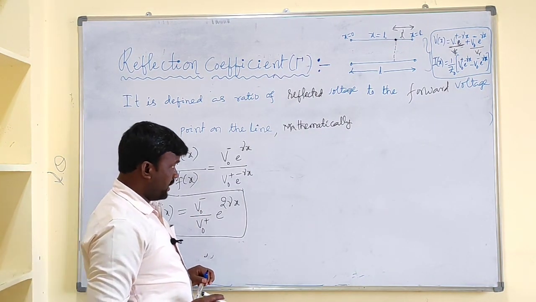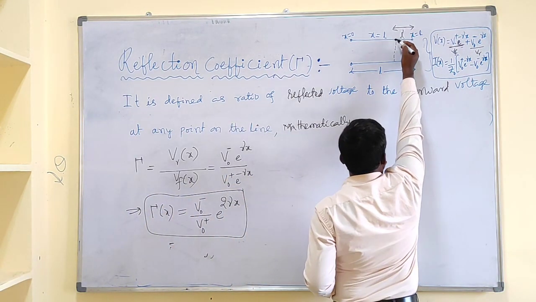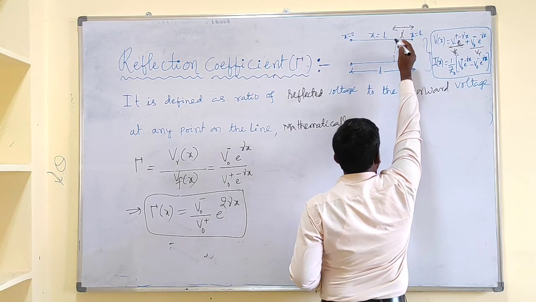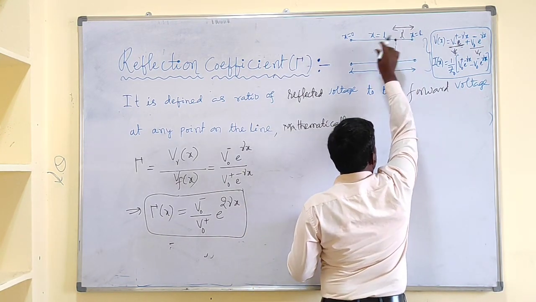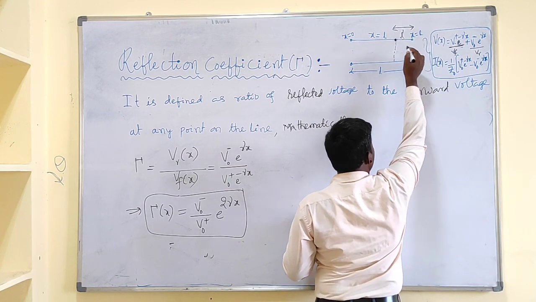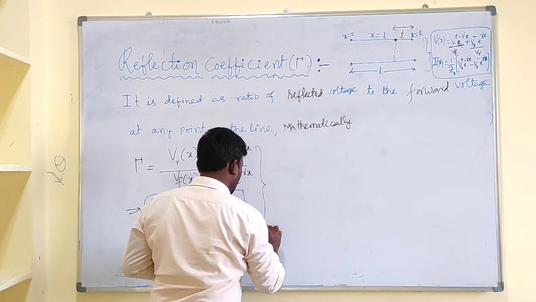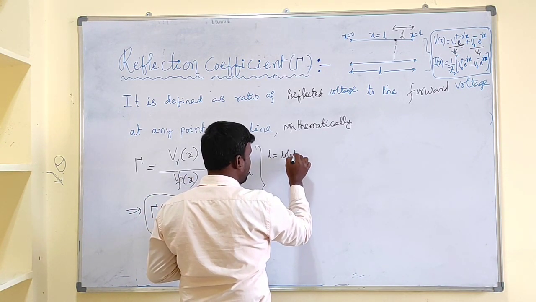Now by using this, let us take x. If you want to determine the reflection coefficient at this location, that is x, and what about this distance? Total distance is L, and L dash is the distance from the load end. L is the total length of the line.